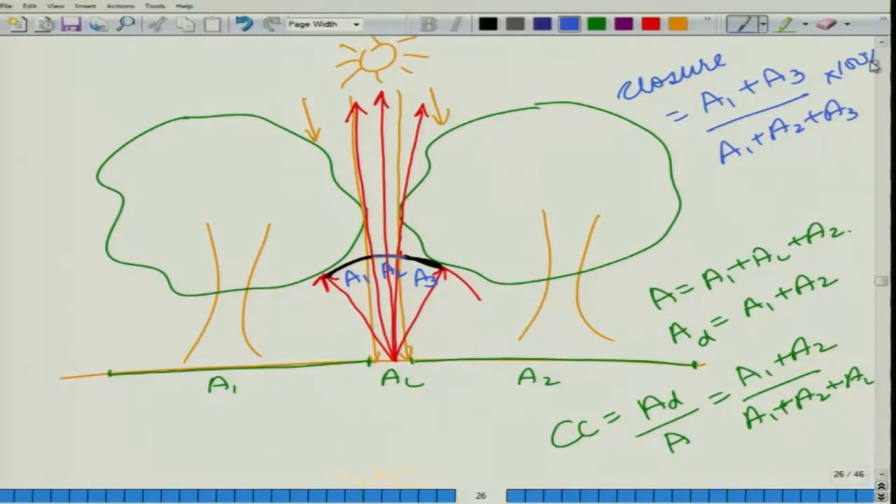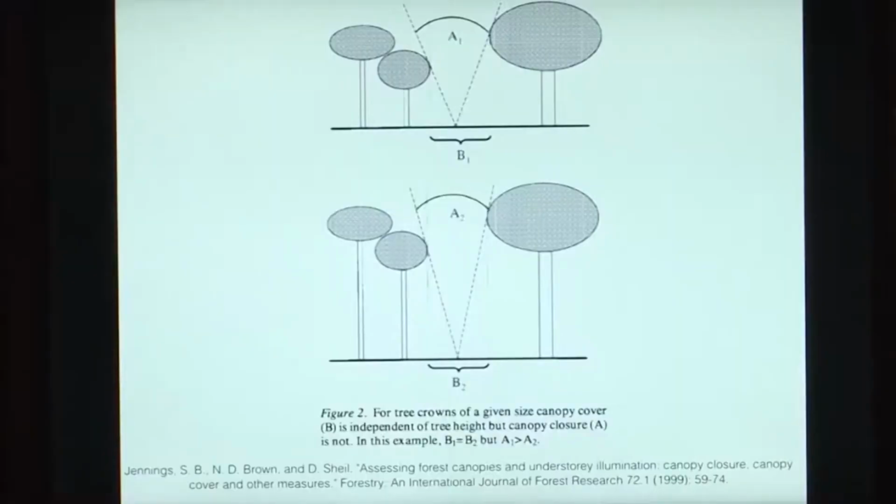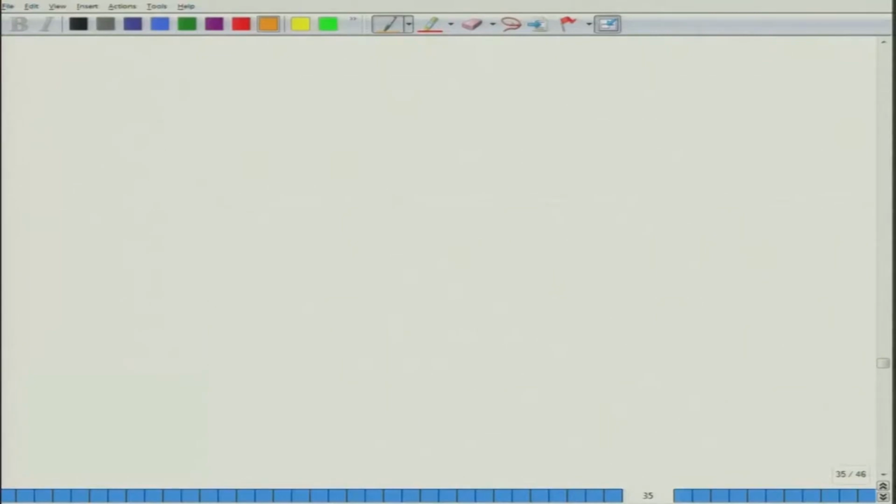Now, if we look at the slides now, canopy closure will depend on the heights of the trees, but canopy cover does not depend on the heights of the trees. Why is that so? Because suppose we considered these two trees.